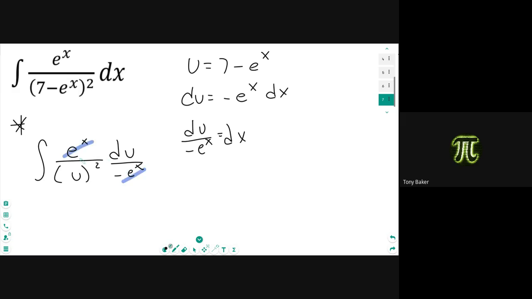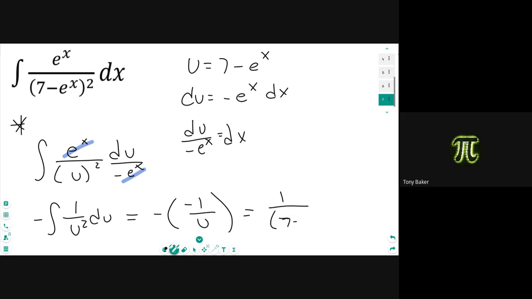The e to the x's will cancel out. So we have the integral of negative 1 over u squared, which comes out to be negative 1 over u. So I have 1 over 7 minus e to the x plus c. This is one of those ones that's really easy to lose a sign.